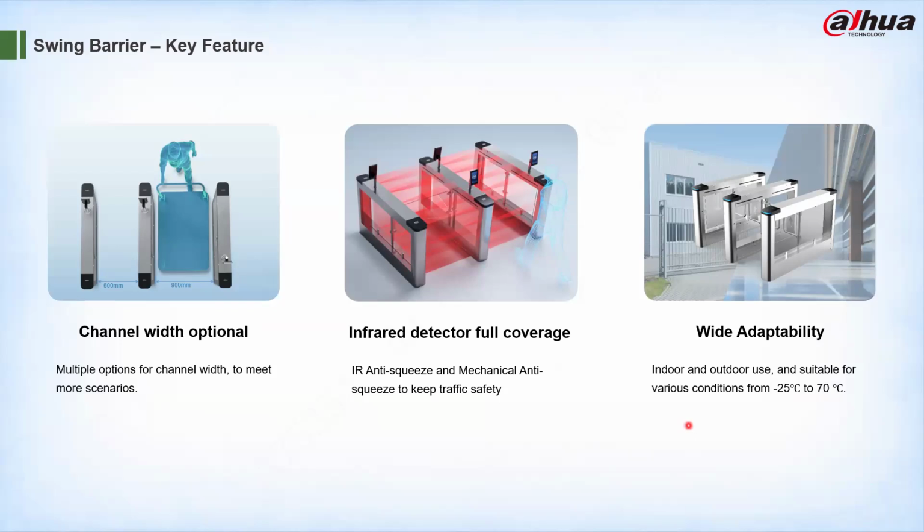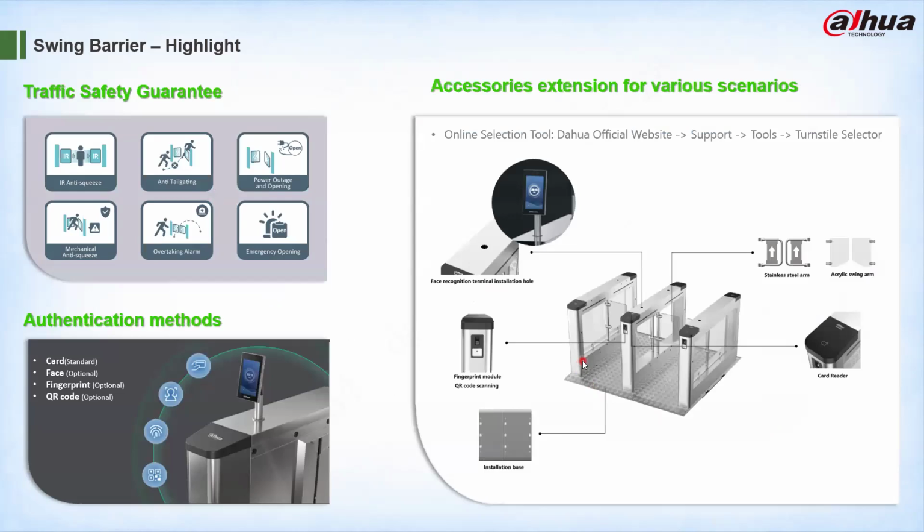This supports IR anti-squeeze and mechanical anti-squeeze to keep traffic safe. Then we have wide adaptability. Some of these products can be used outdoors or indoors, suitable for various conditions, from as low as -25 degrees to as high as 70 degrees Celsius. Now, this depends on the region that you're in, because different regions have different climatic conditions.